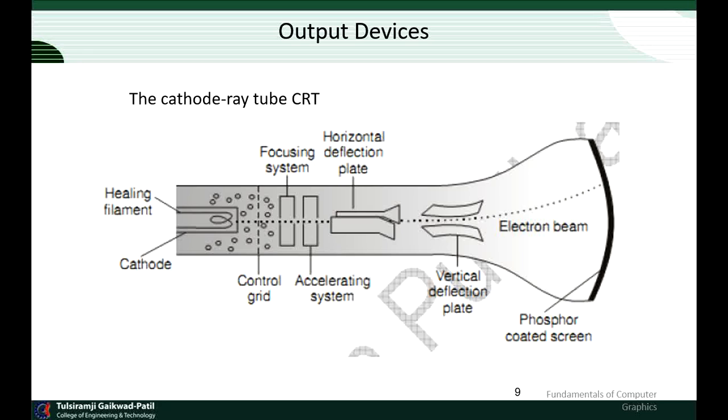The number of electrons generated due to the heating of the cathode, negatively charged electrons, move forward toward the screen, and that acceleration is too high. That is why the control grid is given, to pass the bulk amount of electrons generated by the cathode, and the electrons are controlled by the control grid.